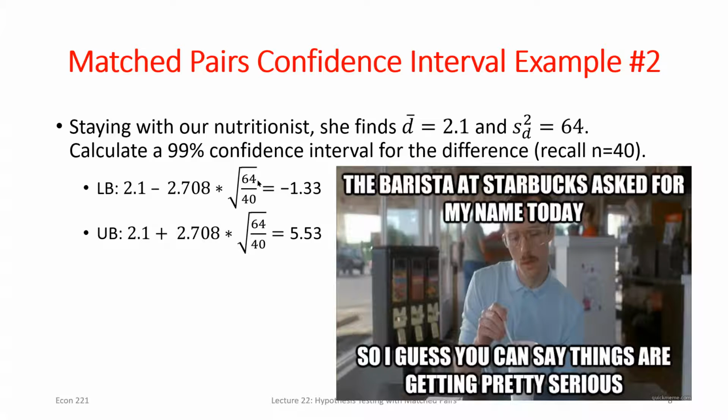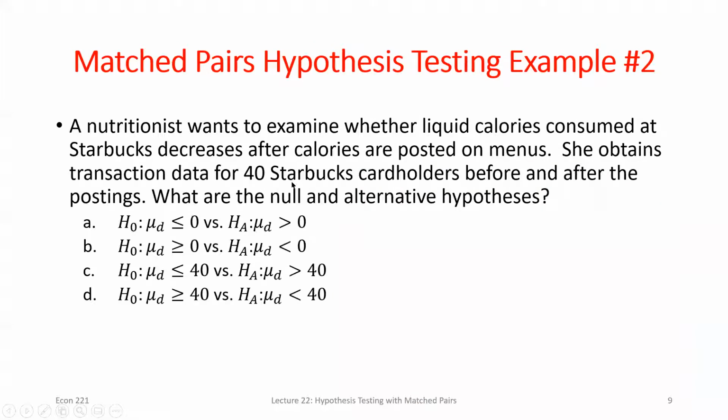So let's say we keep running with the same example and we want to test whether or not calories consumed at Starbucks have decreased after posting the calories on the menu. So we want to see whether it's decreased, so that difference is negative. The alternative hypothesis is that the difference is below 0.